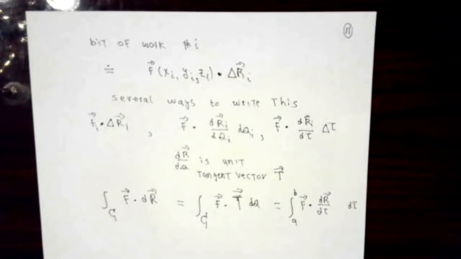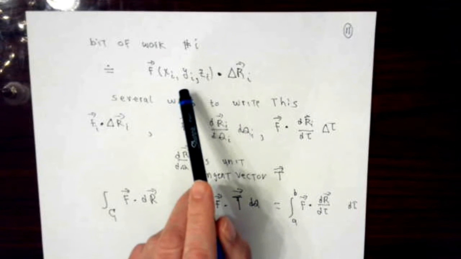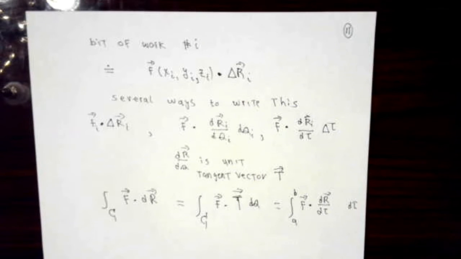Now, long ago, we studied work in the sense of displacing an object in a direction parallel to the force. Later, we figured out we don't have to restrict ourselves so much. The amount of work that goes with chunk number i is the vector dot product of the force on chunk number i with displacement, change in position, number i. Now, we're going to have some way of calculating things, so it's worth mentioning that I can write this down in at least three different ways.